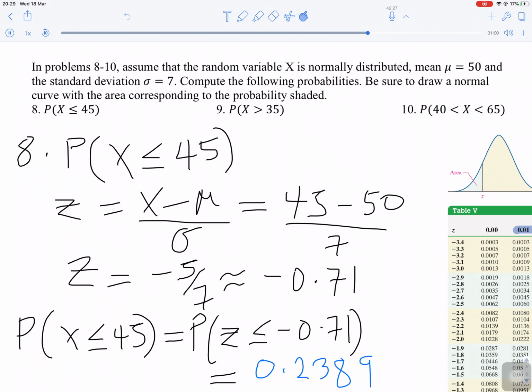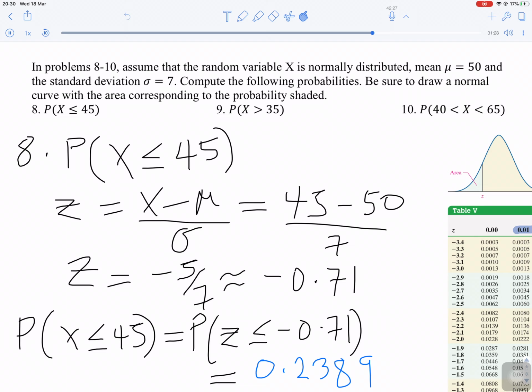By standardizing, we have a distribution where the mean will be 0 and the standard deviation will be 1. We do that with the motivation to be able to use the standard normal table to look for our probability or our area.